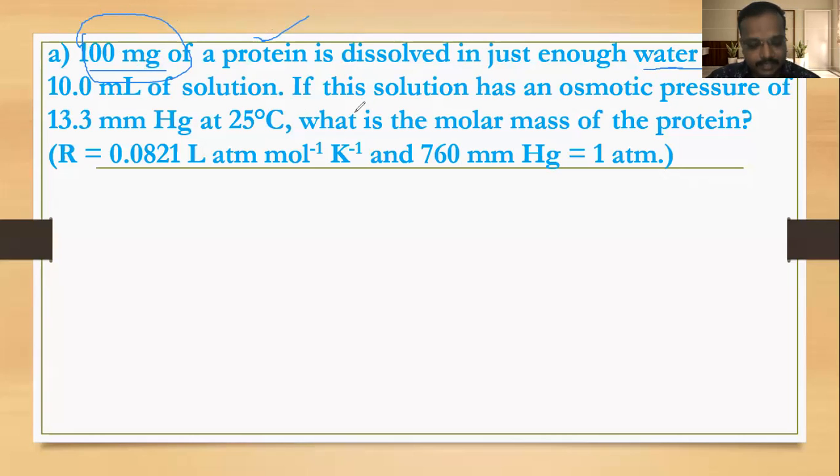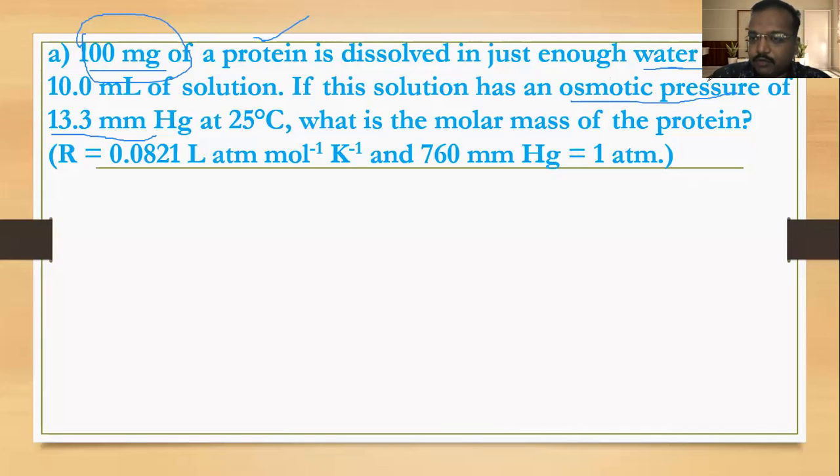When we read the question itself, you must be able to pick up what things are given there. If the solution has an osmotic pressure of 13.3 mm Hg, it is not given in atmospheres, so you have to convert this into atmospheres. What is given here is osmotic pressure.